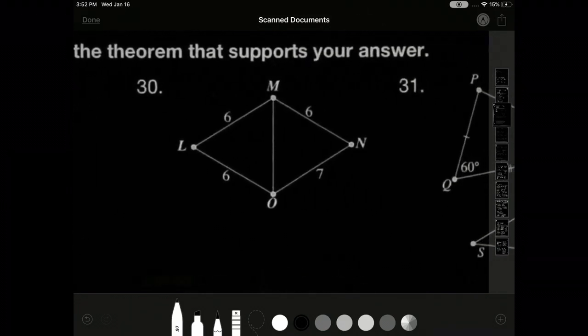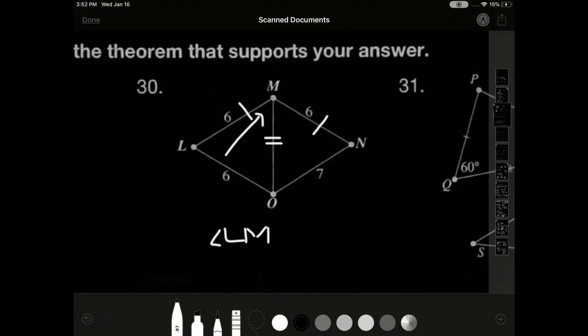For 30, we have congruent sides here. We have congruent sides based on reflexive property. And then you have these other sides, a 6 and a 7. Okay? Now, opposite the 6 is angle LMO. And opposite the 7 is angle NMO.